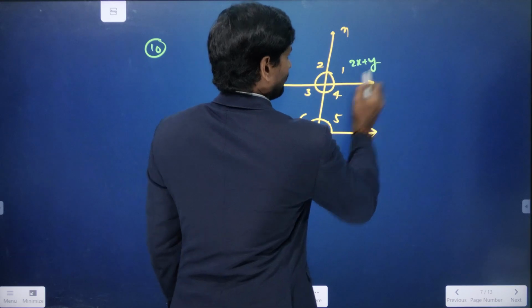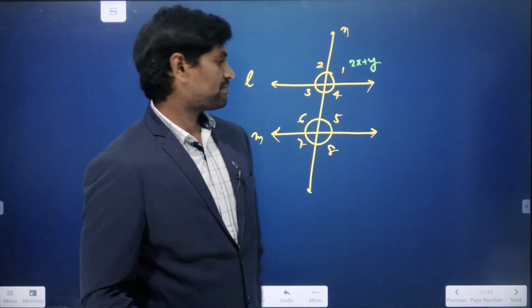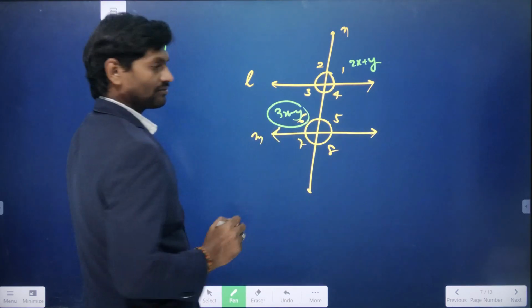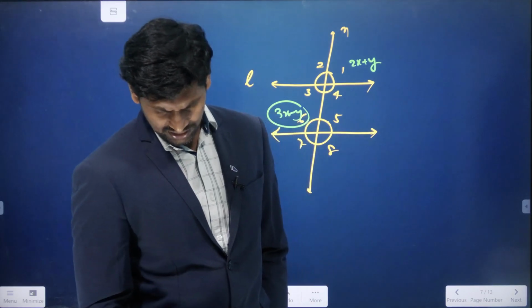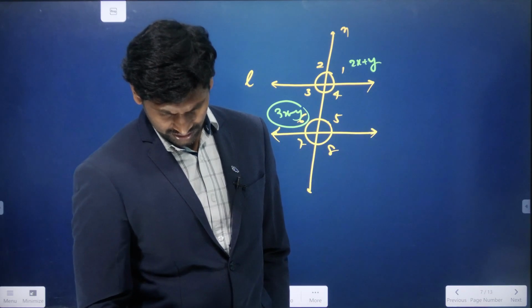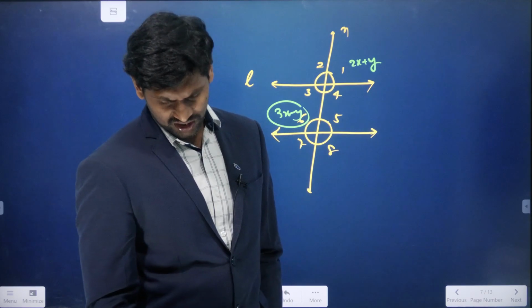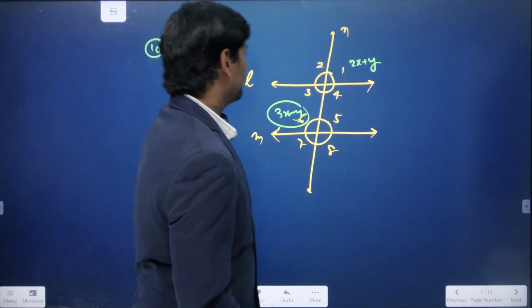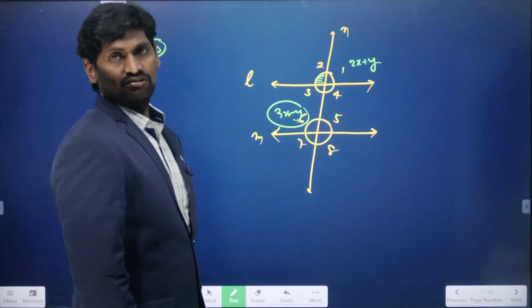Next, angle 6 equals 3x minus y, this one. Then the measure of angle 2 in terms of y is. Okay? Angle 2 we need to find in terms of y. Where is this angle here? This angle we need to find in terms of y.